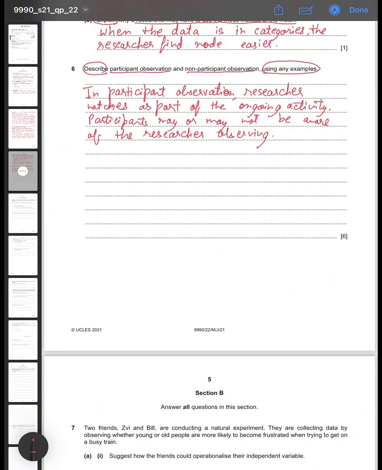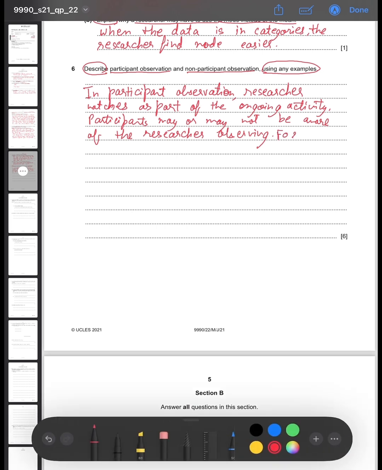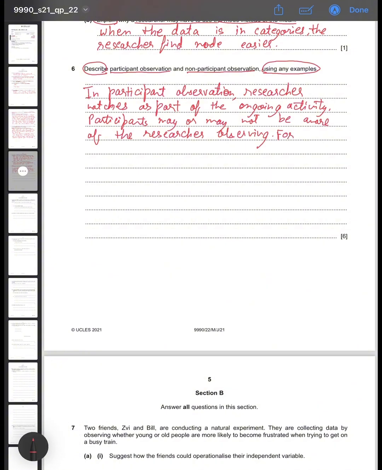Now for the example, you can write that for example, in Bill Evans' study, the observer appeared to be a passenger.